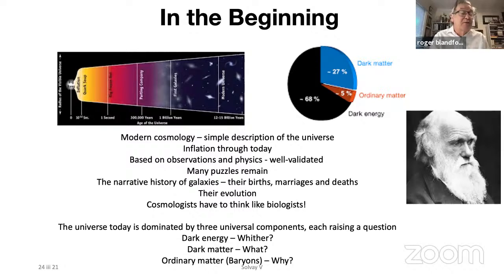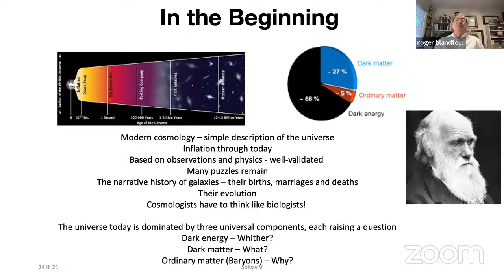And then when the universe cooled off, the matter and the antimatter would annihilate to make a lower energy state, and there would essentially be nothing left. So that was a really big puzzle.